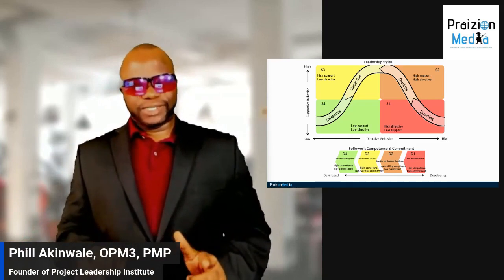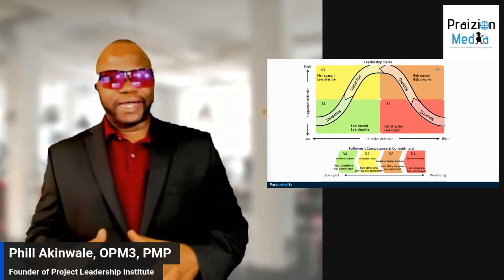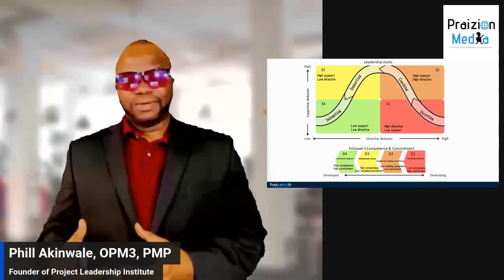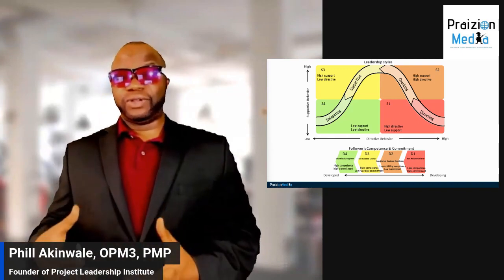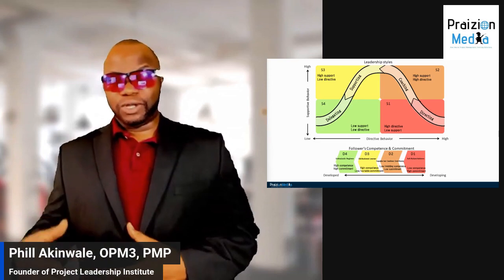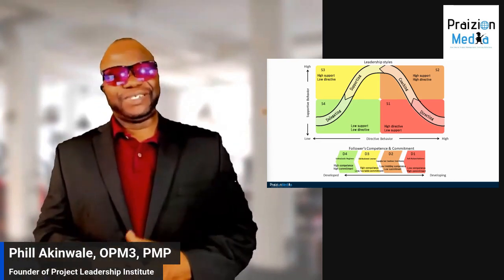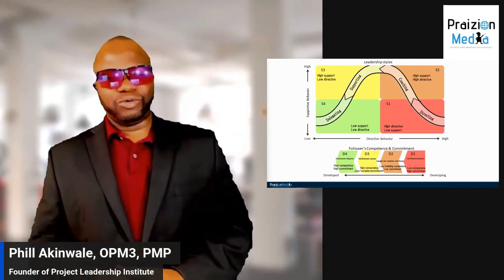Let me say that again. It's really, how do I see this task and the individual who has been assigned to the task? Do I see a high level of competence? Do I see a high level of confidence? If there's low competence and low confidence, then you know what you need to do. You need to up the ante and get into the coaching mode.